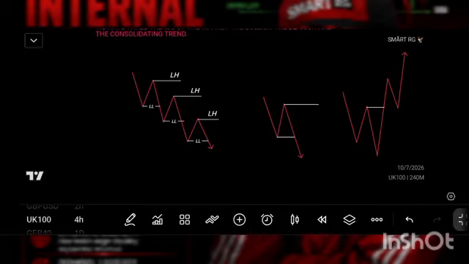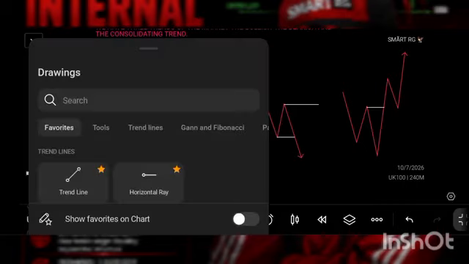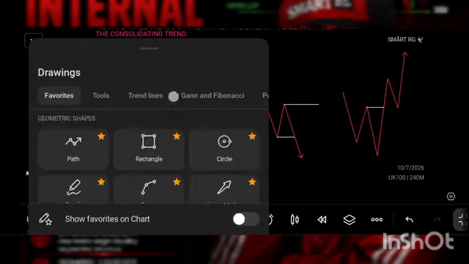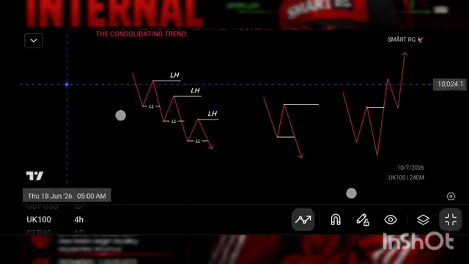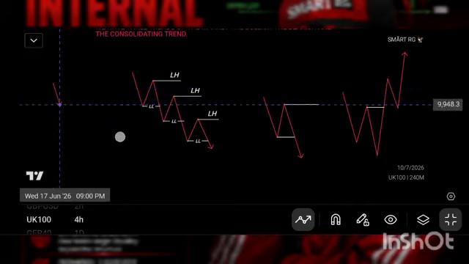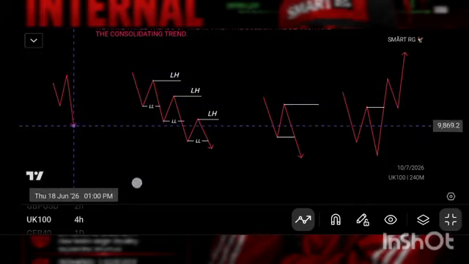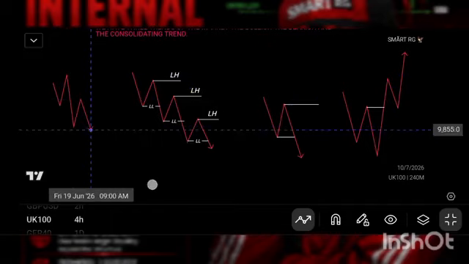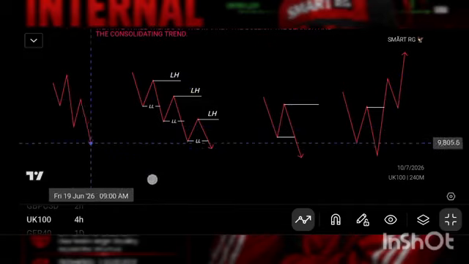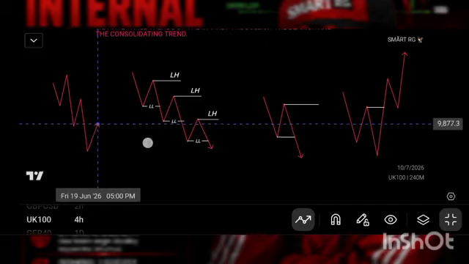Now it also touches the bearish trend of the market, whereby the market is making a series of lower high and lower low, lower high and lower low, lower high and lower low. Now we know this: lower low, lower high, lower low, lower high, lower low, lower high, lower low.